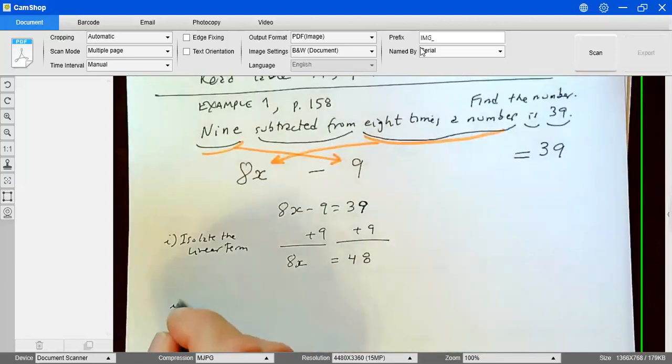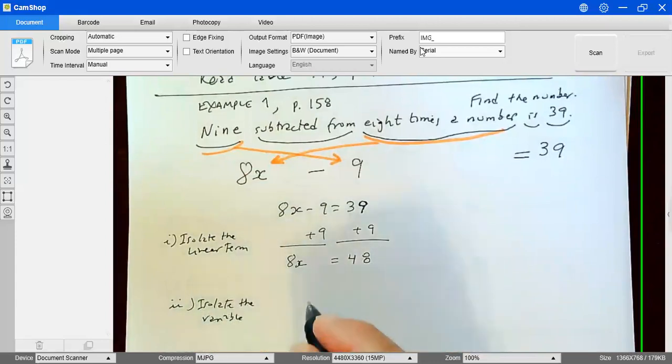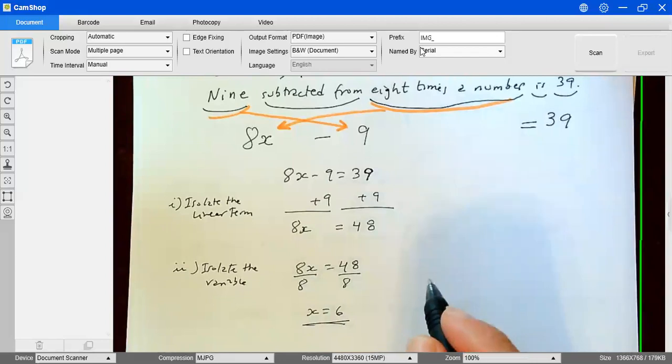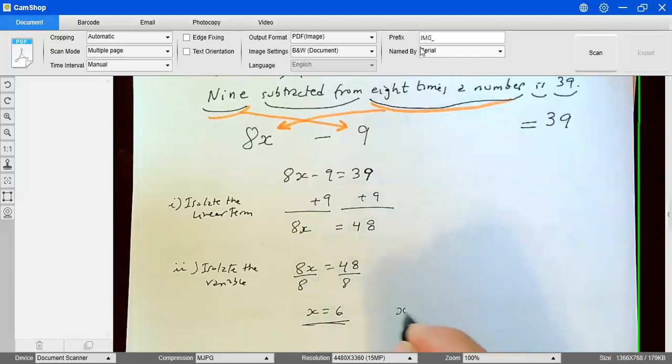Then you isolate the variable. To isolate the variable, you remove the coefficient, so you divide both sides of the equation by the coefficient. You end up with x equals 6. So 6 is the solution for this problem.